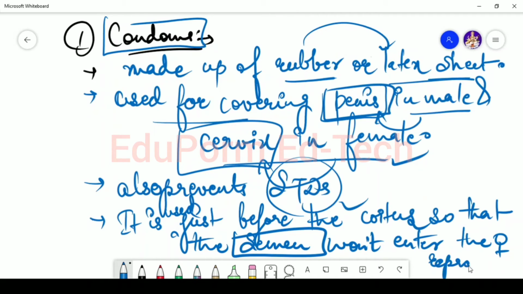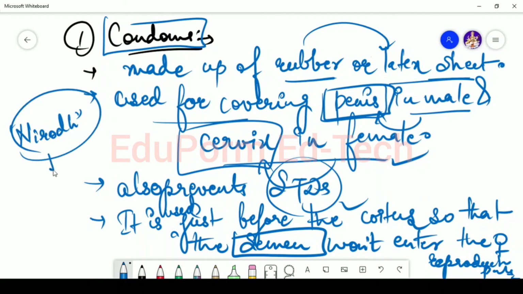Okay, so this is its main function. Also, Nirodh is a condom brand for males. Okay, so this is the first kind of barrier method.